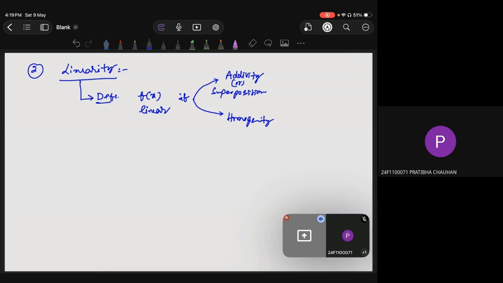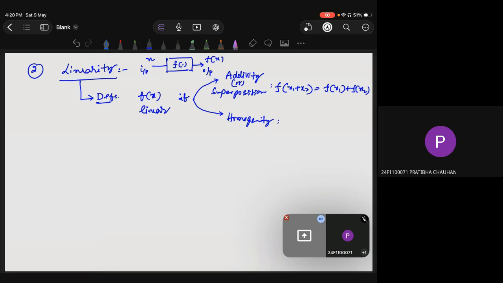How do you define additivity? Let's say x is the input to the system, and the output is f of x. When you give both inputs, if you get the output as the summation of the individual outputs, then the system is additive.